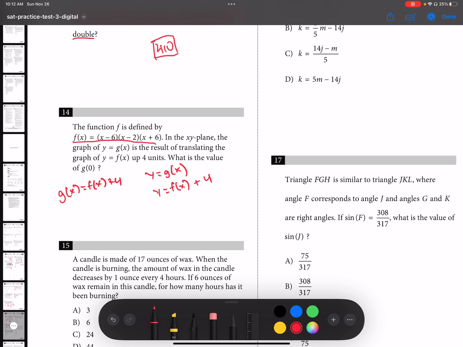So that means we'd have g of 0 is equal to 0 minus 6, 0 minus 2, 0 plus 6, plus 4. That would give us minus 6 times minus 2 times 6 plus 4. That gives us 72 plus 4, giving us the answer 76.